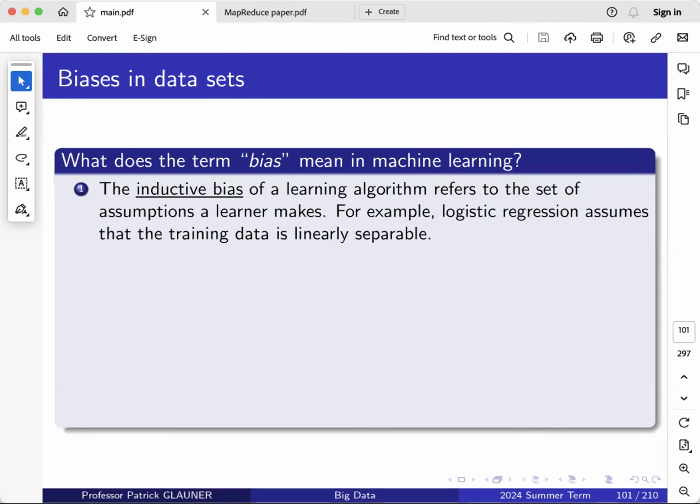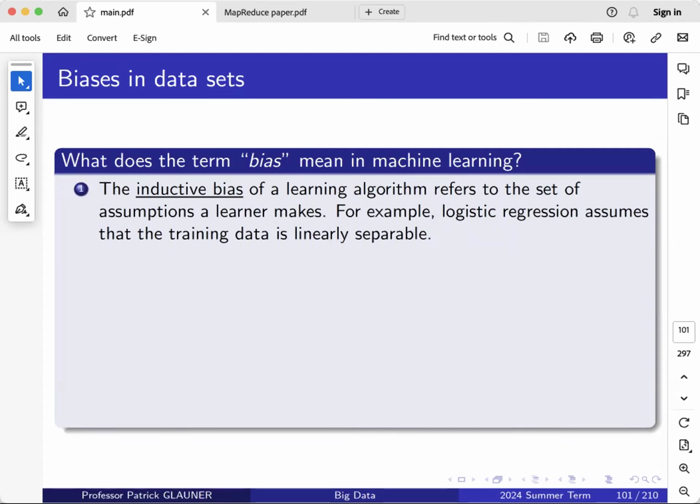For example, every machine learning model makes an inductive bias. An inductive bias means your model makes some assumption when it learns. For example, logistic regression assumes that the training data is linearly separable. Linear regression makes other assumptions.